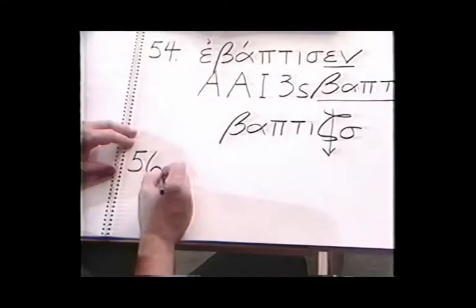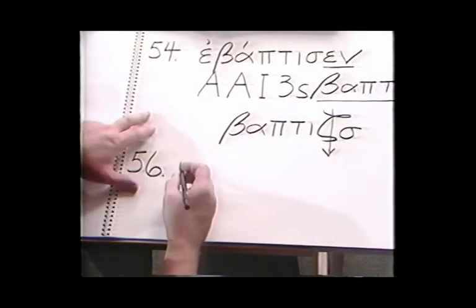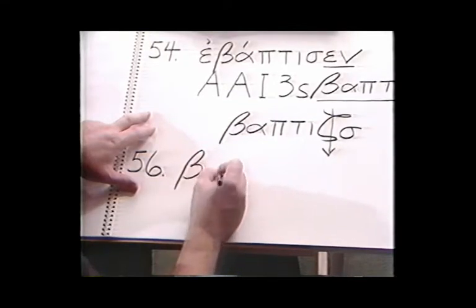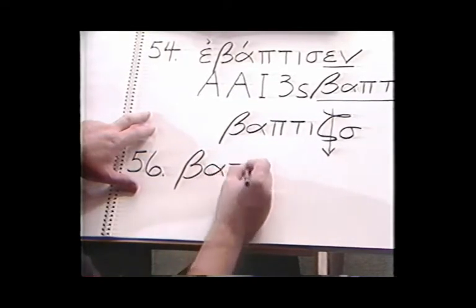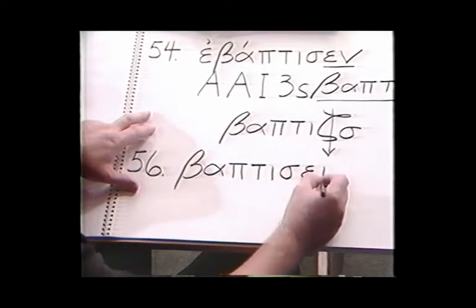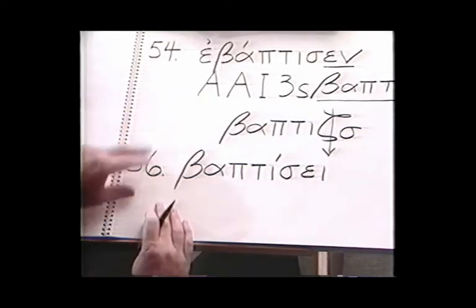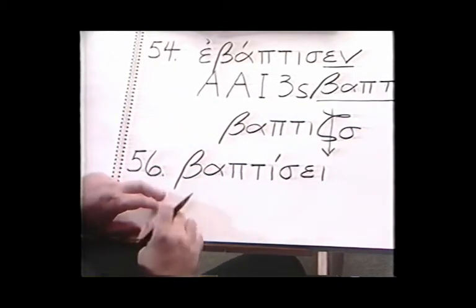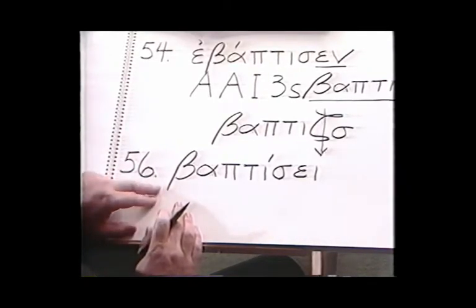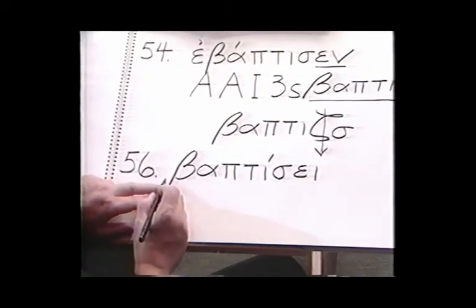Okay, let's look at another one. Number 56. Number 56 is baptisei. All right, our lexical entry is the same as number 54, baptizo. Is there an augment? No, there's not.